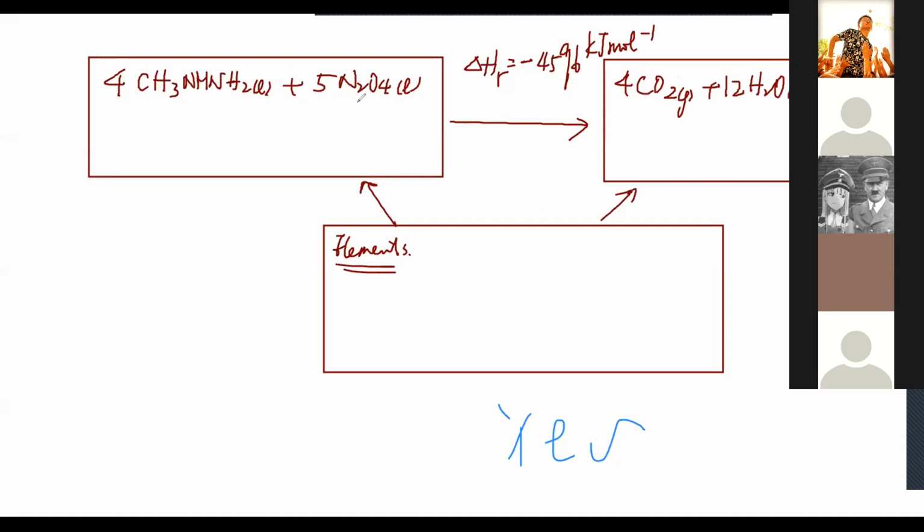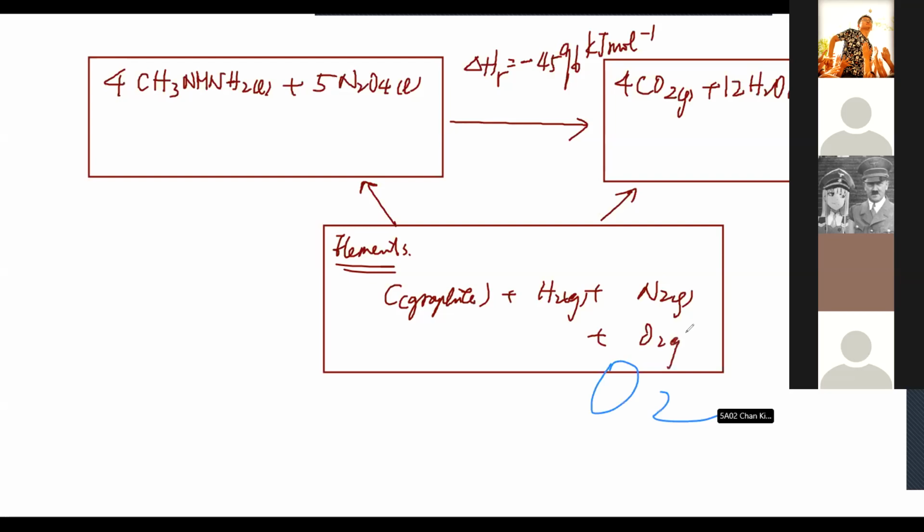Okay, so what you're going to do is to write down those elements here. So how many types of elements are there? We've got carbon, graphite. What else? We've got hydrogen. We have got N2. C, H, N, and then O. Finally, O2. So you are going to write down those things according to the ratio above.